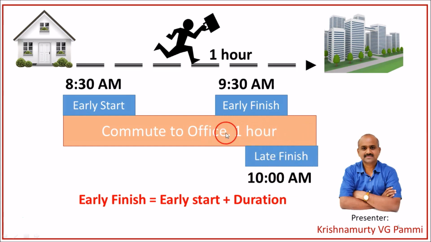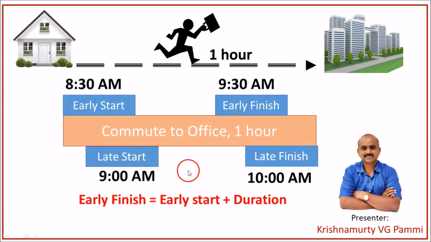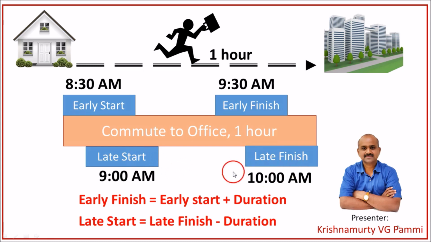So the activity must finish at the latest by 10 a.m. Now to get late start, that means the latest time an employee can start at home is 9 a.m. How do you obtain it? Late finish minus duration. That means late start is equal to late finish minus duration.